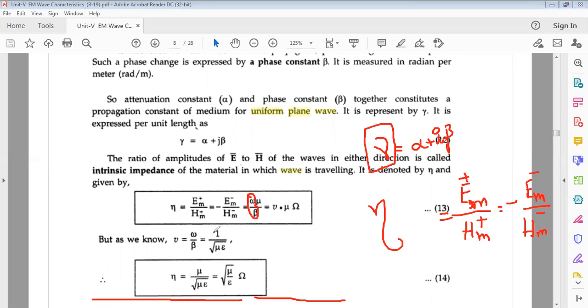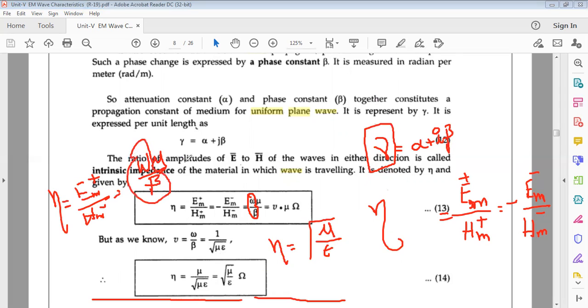What is V? V is equal to 1 by under root of mu epsilon, and eta is equal to under root of mu by epsilon. Okay, my dear students, eta is equal to the ratio of EM plus by HM plus. That value is omega mu by beta. Omega by beta is V, so V into mu.